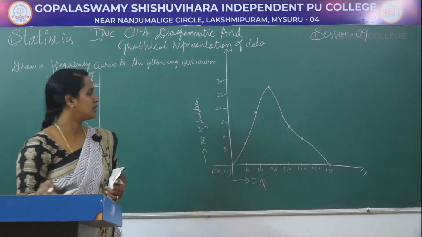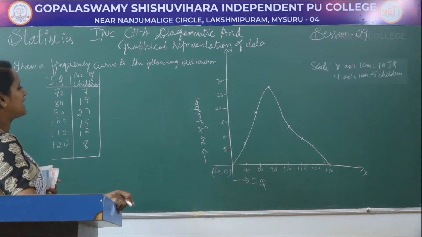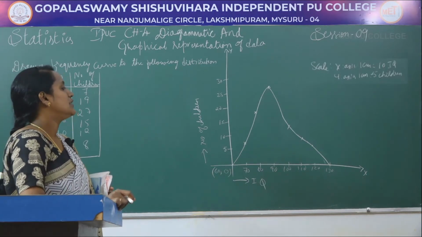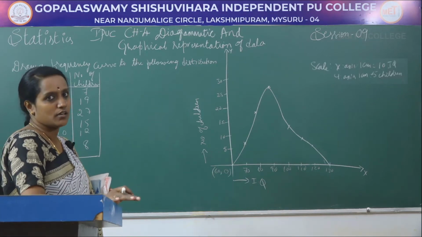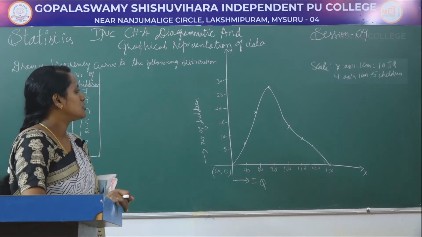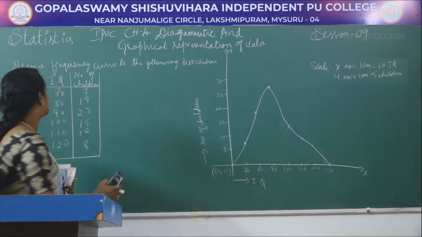So this is our frequency curve, not the polygon. This is our freehand frequency curve. After plotting the points with the freehand, we will join these points as it comes. So this is our frequency curve. Let's move on to another one.